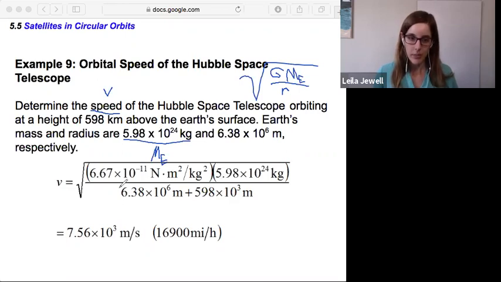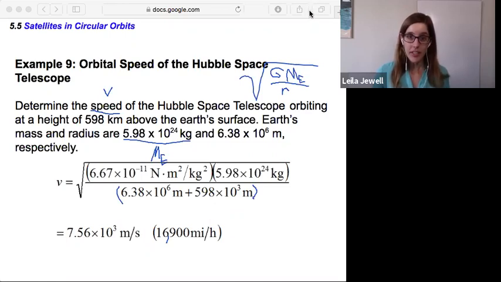Be careful to do that addition before you divide, or use parentheses. If you do that properly, you should get 7.56 times 10 to the 3 meters per second, or in other words, 16,900 miles per hour. Whew, that is fast.